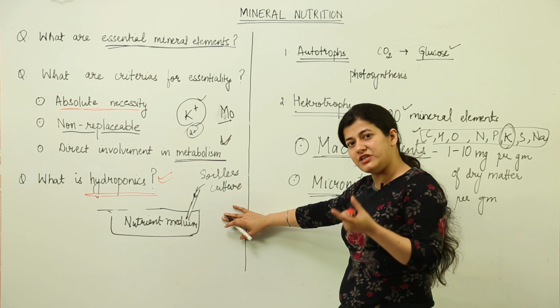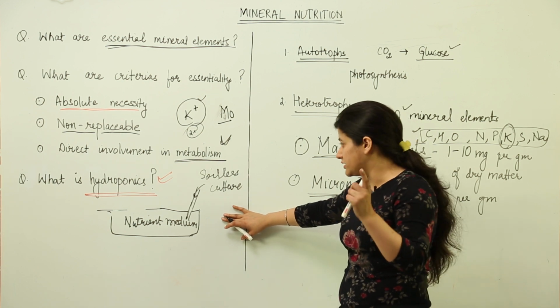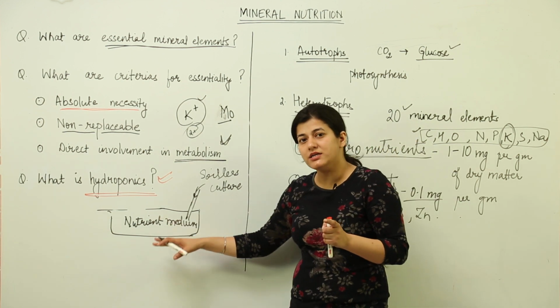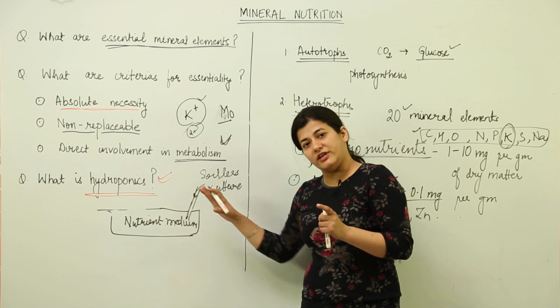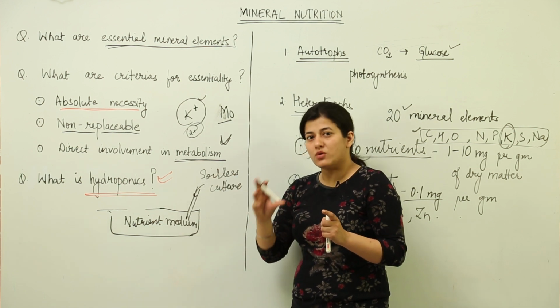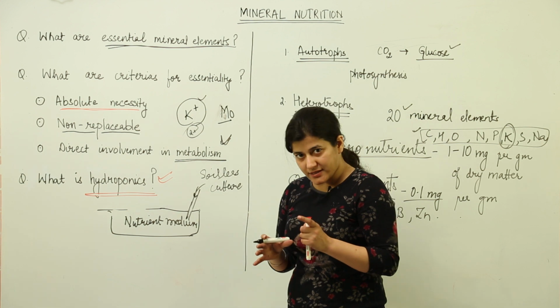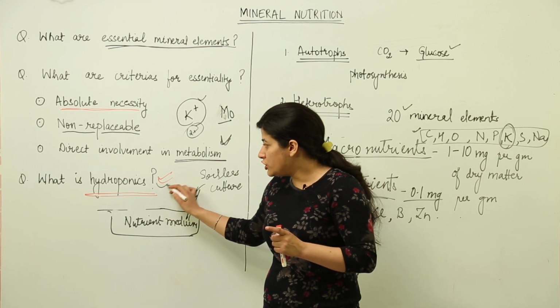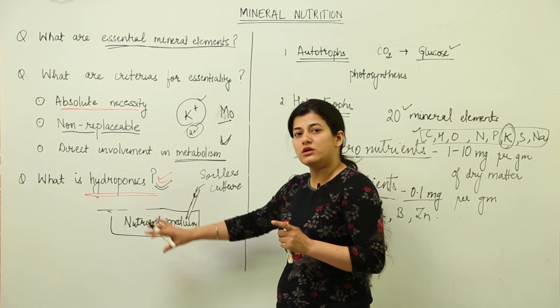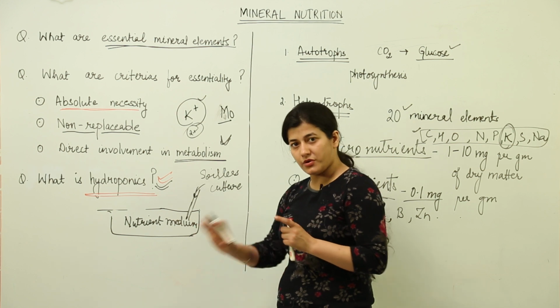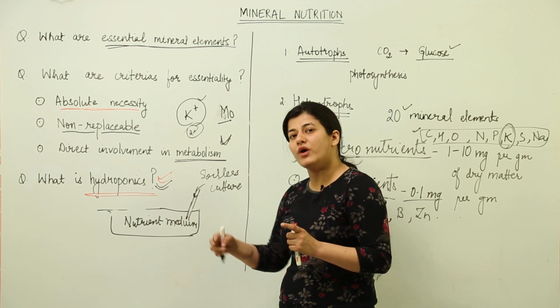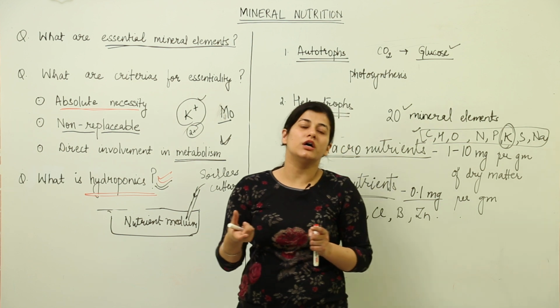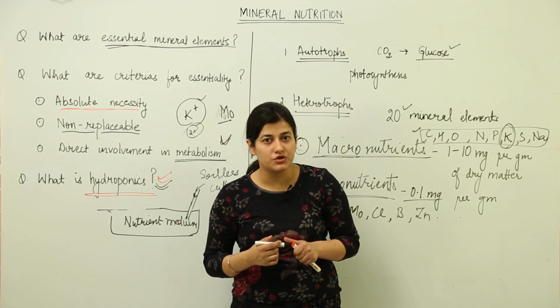So whatever deficiency symptoms are seen in the plant would be because of potassium. So I get to know the role of potassium from the deficiency symptoms, and that is possible using hydroponics, that is growing the plant in a nutrient medium, not in the soil, and keeping it devoid of the mineral element whose characteristic you want to study.